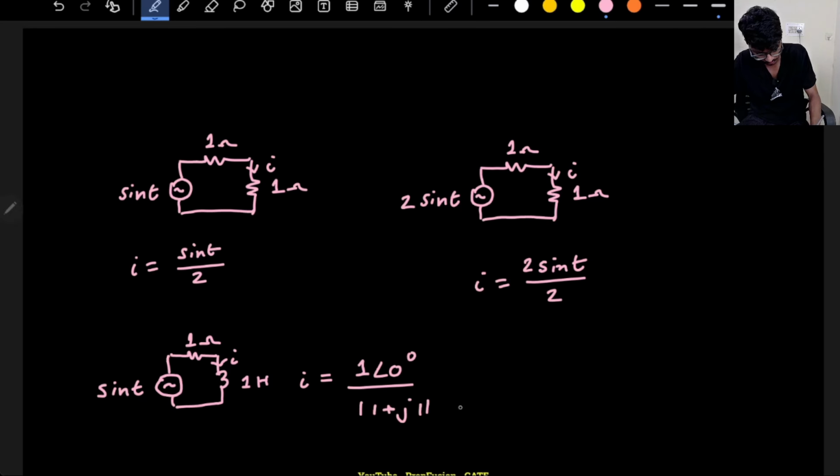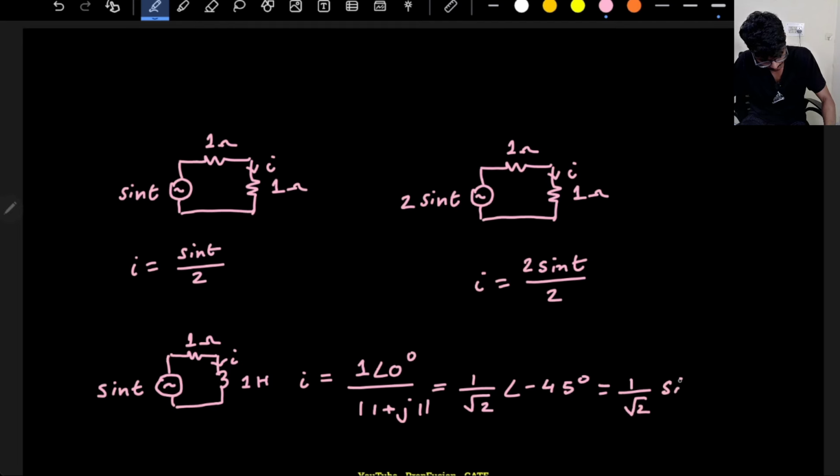Omega is 1, so it will be 1 by under root 2 angle minus 45. If I convert it back, this will be 1 by under root 2 sine of t minus 45 degrees.